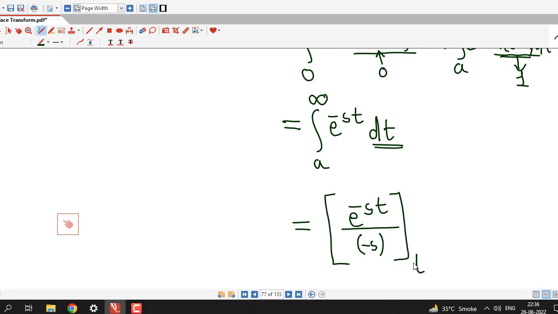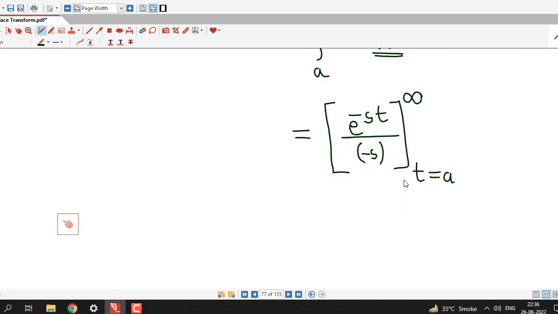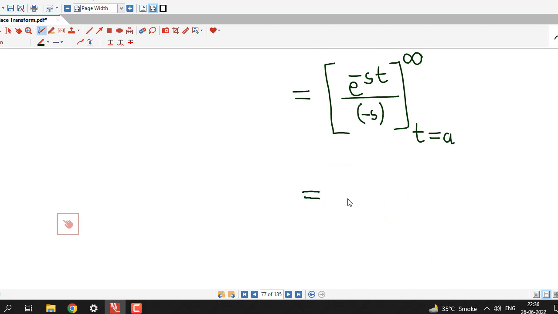Limits of integration are from t equal to a to infinity, and first we consider t tending to infinity. So we can write it in this way: minus 1 by s is there, and we take minus 1 by s outside, and we have limits from t equal to a to infinity.